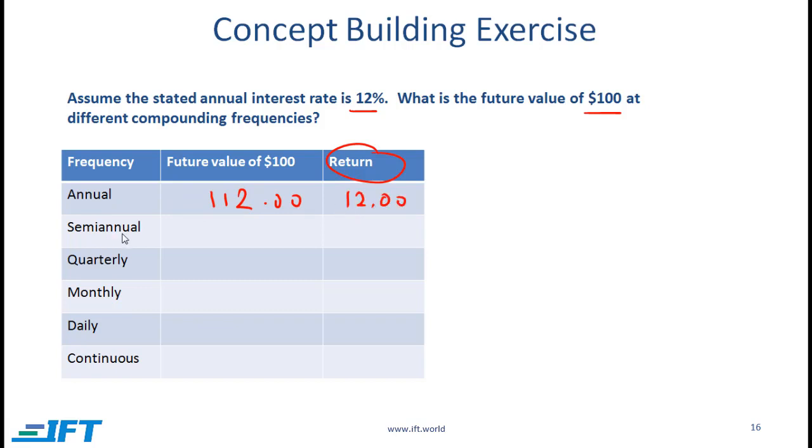What if you have semi-annual compounding? Will the return still be 12% or more than 12%? Hopefully you recognize intuitively that the return will be slightly more than 12%. And given what you've learned over the last few minutes, I want you to fill this table out before you move on.